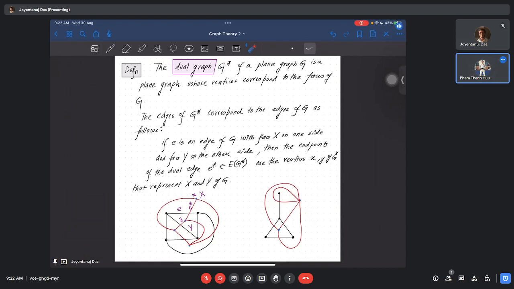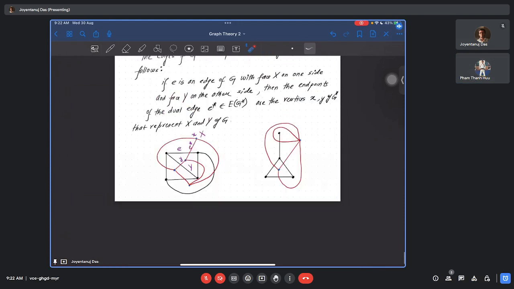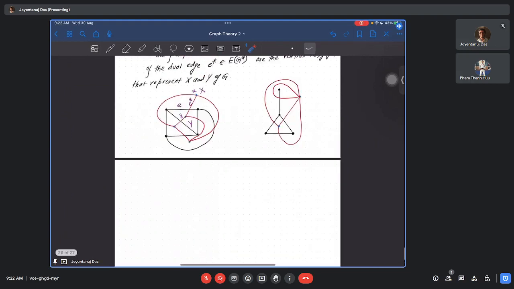So the observation is that this is a plane graph, and it does not have any loop, but the dual can have a loop.